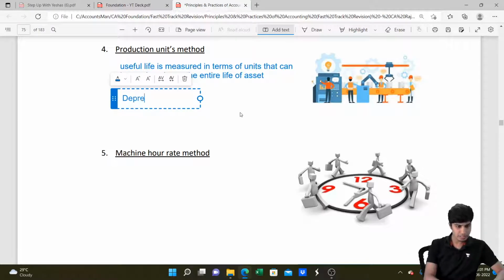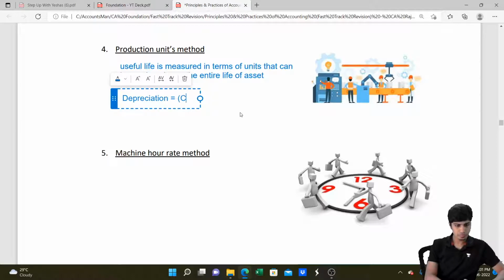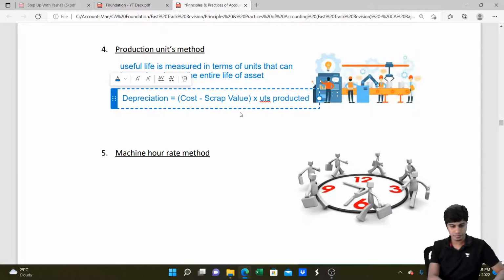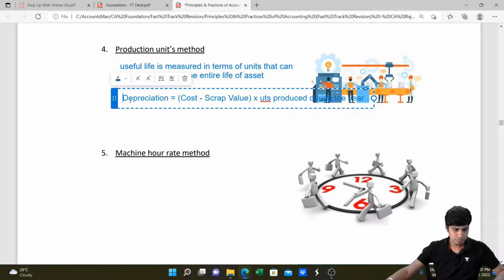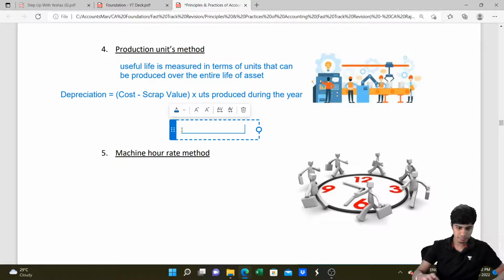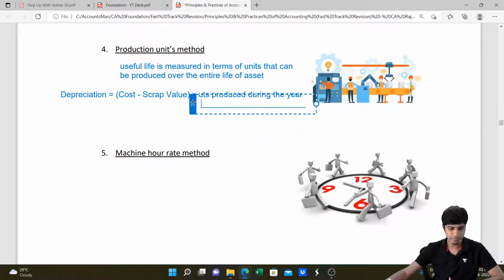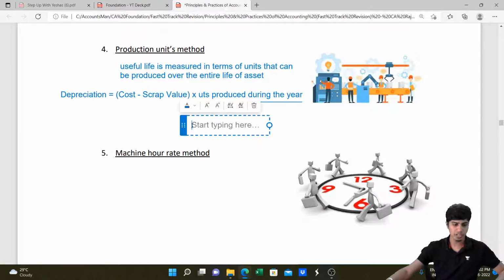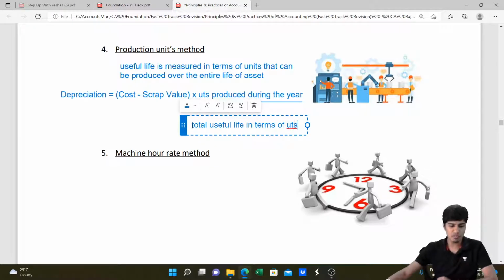Under this method, depreciation is found like this. Depreciation is equal to cost minus scrap value, multiplied by the units produced during the year, that is how many units have been produced during the year, and this we are going to divide by the total useful life of the asset in terms of units.